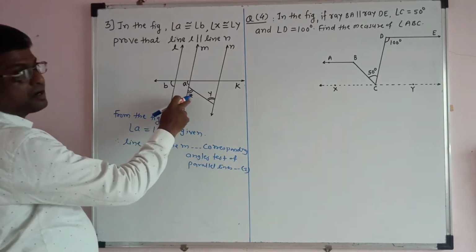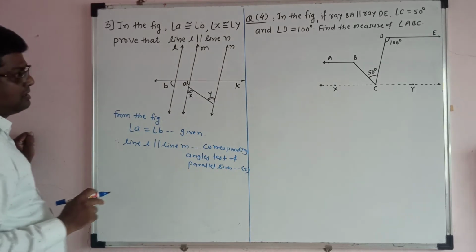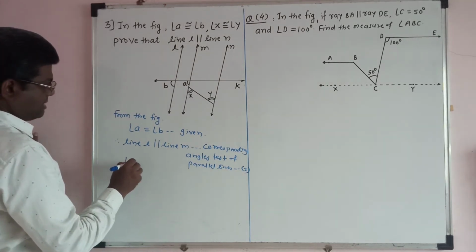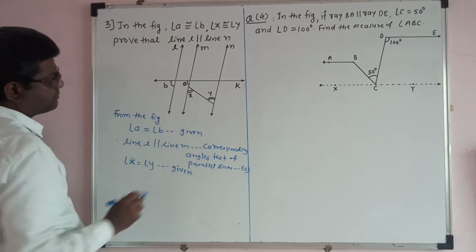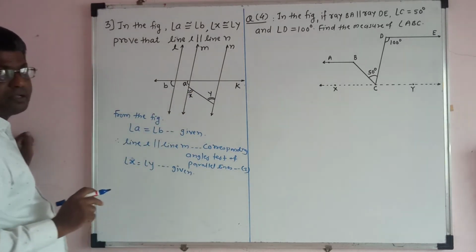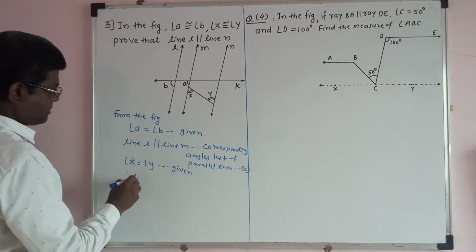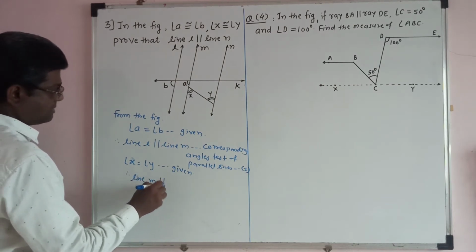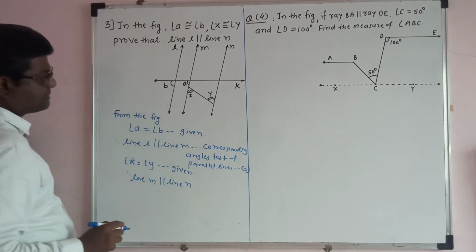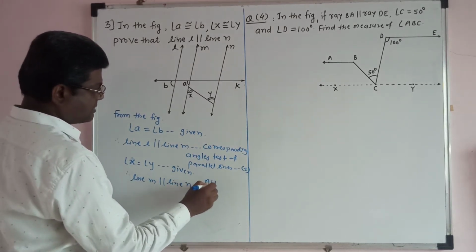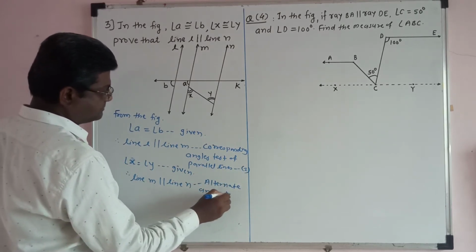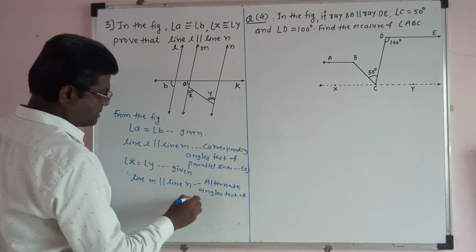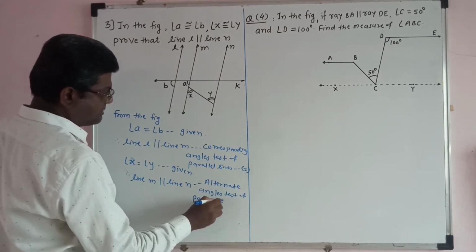Now let's see angle x is equal to angle y. This is given. Angle x and angle y are alternate angles. Therefore, line M parallel line N. Reason is alternate angles test of parallel lines.